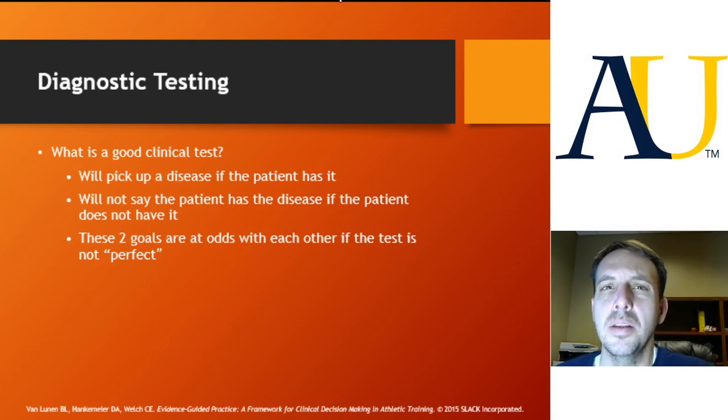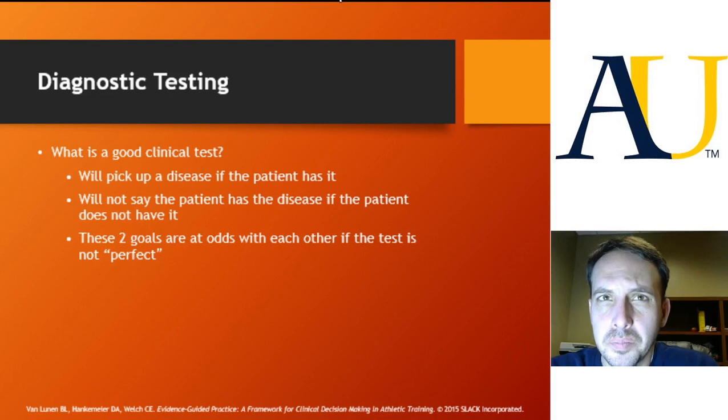Now we're really going to look at how can we use these measures then to allow for us to make clinical decisions. And so in order to make clinical decisions, we need to use quality evidence. Well, at the same point, in order to make diagnostic decisions, we need to assess the quality of the testing procedures that we are using.